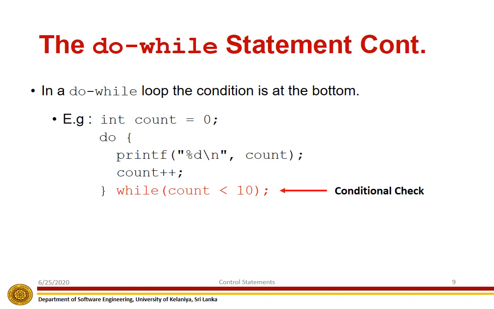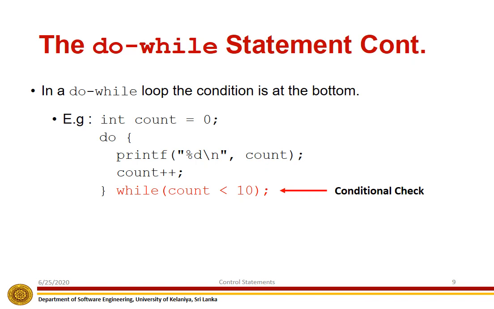In here, you can see this will be evaluated until 10. Even when it is 10, the statements are evaluated once and then the condition is checked. So this will print 0 to 10 numbers. But the while loop will print only 0 to 9, because when it is 10, it will check the condition first and the statements will not be evaluated.